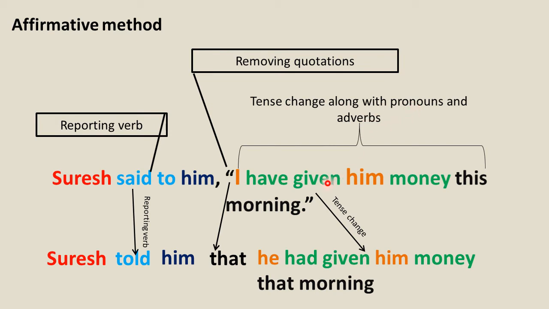The tense change is that the present perfect becomes past perfect. For pronouns, I and him are pronouns; I changed into he and him stayed him. And the adverbs are "this morning," which becomes "that morning."